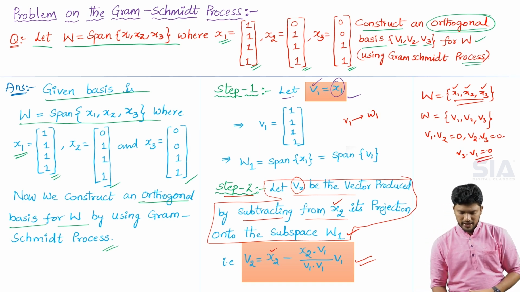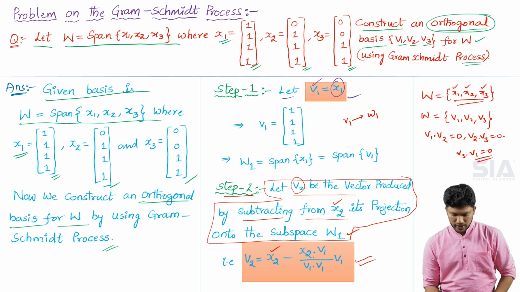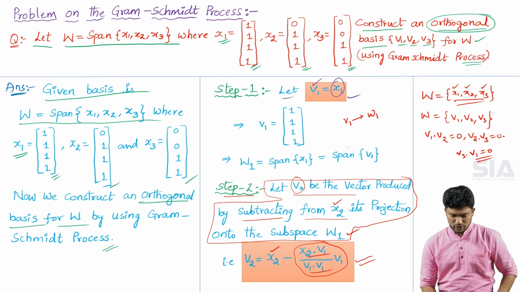So we can write v2 is equal to x2 minus (x2 into v1 by v1 into v1) into v1. This is the formula for the projection of x2 onto the subspace W1.